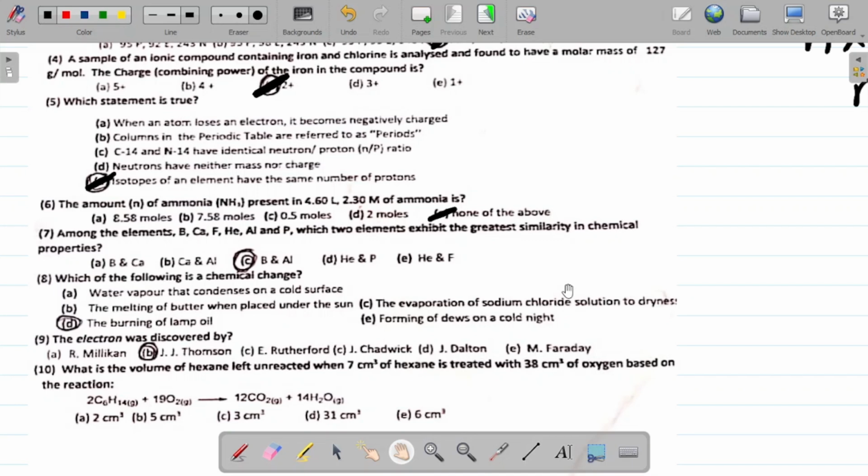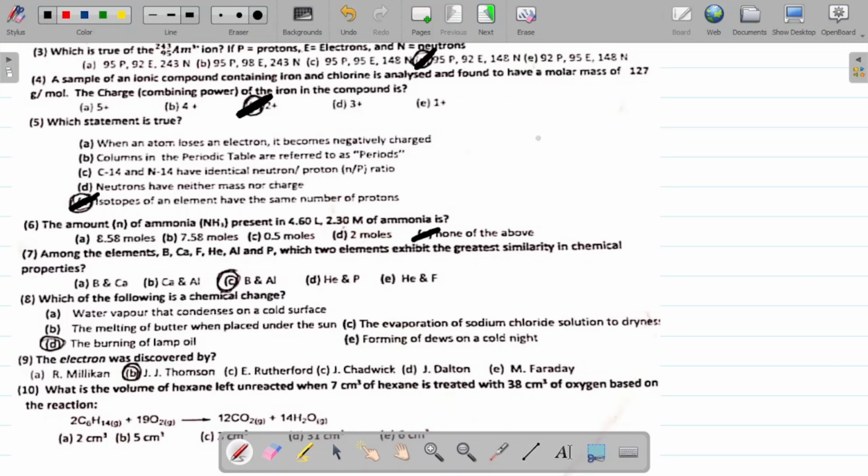So we can know the elements that have the same chemical properties by looking at the elements that are in the same group. And how do we know the elements in the same group? Very simple. We look at their valence electrons. That means to get this question, I'll have to look at the valence electrons of each of the elements. So let's get that sorted. Alright, so listing the elements given, we have boron, B. We have calcium, Ca.